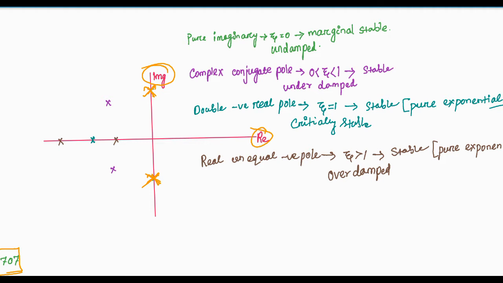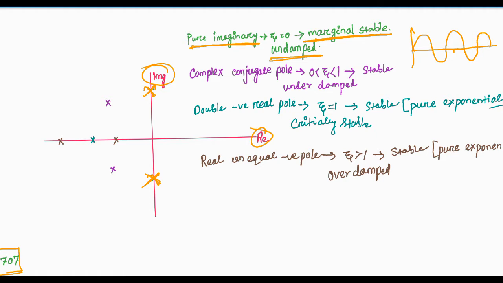So this is pure imaginary. So pure imaginary means this is marginally stable, and this is undamped. Undamped means the system will have a constant frequency and constant amplitude.